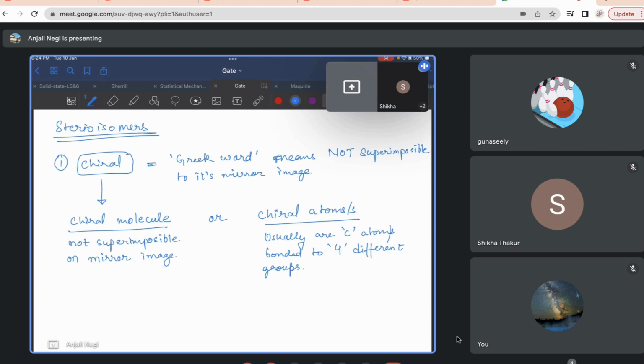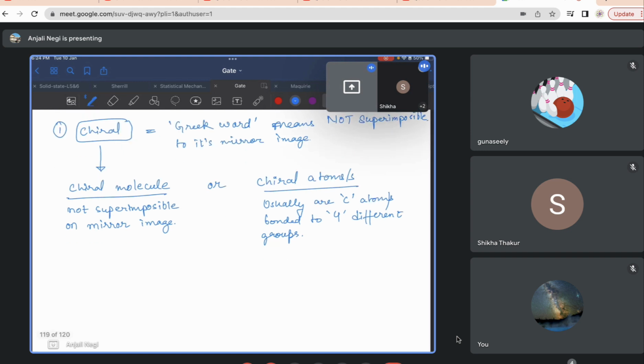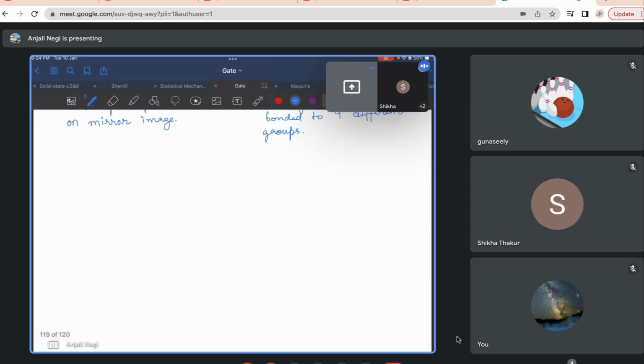Yes, so this is the first keyword that we should get introduced to. The second one is stereoisomers. So what are stereoisomers? There are various kinds of isomers. Iso means same, so they have the same chemical formula but a different structure.